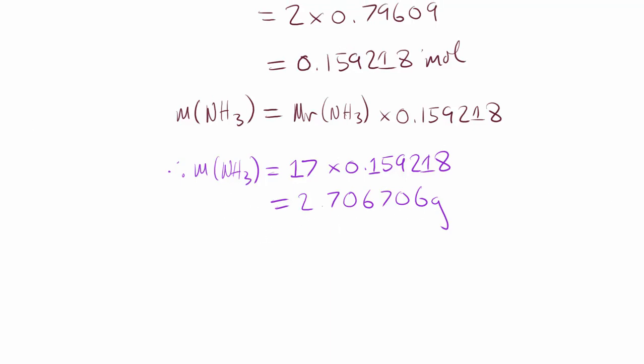So we're going to need to round this to 2 decimal places, so it's equal to 2.71 grams. Okay, so this would be our answer: the mass of NH3 is 2.71 grams.